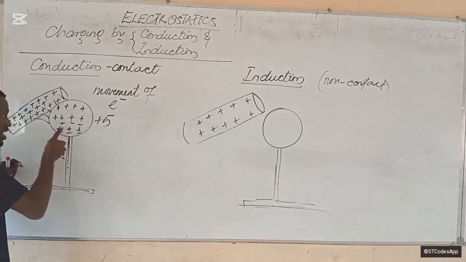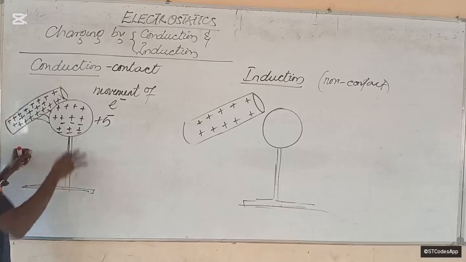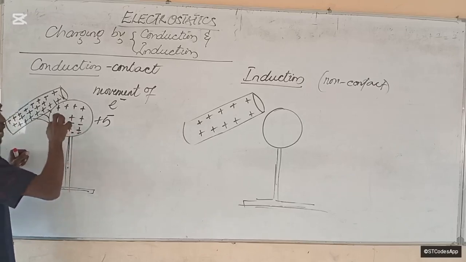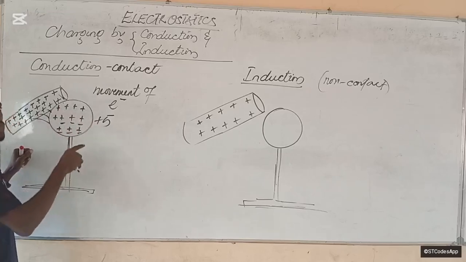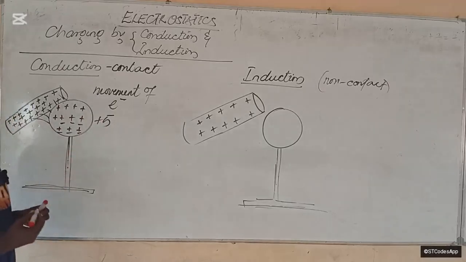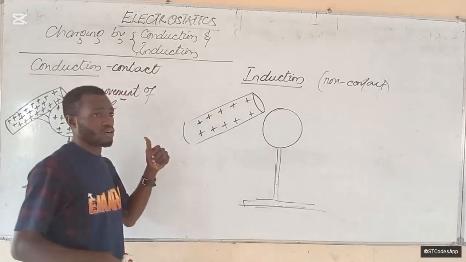There are still 6 negative charges that are cancelled out by 6 positive charges, but there are another 5 positive charges that are not cancelled out. So the overall charge on this body will now be positive. That is what we call charging by conduction.